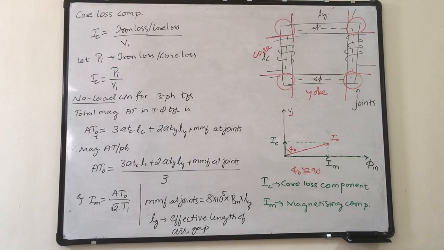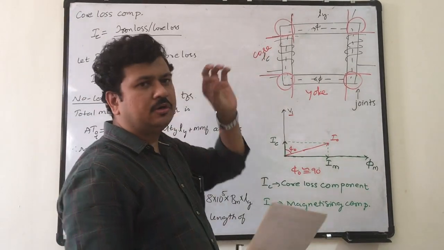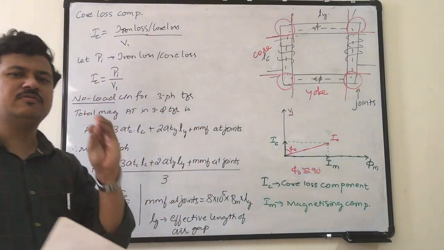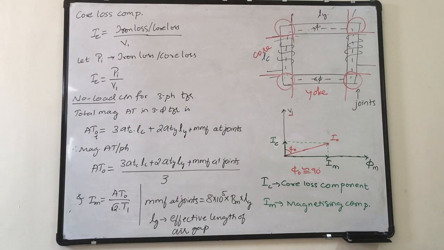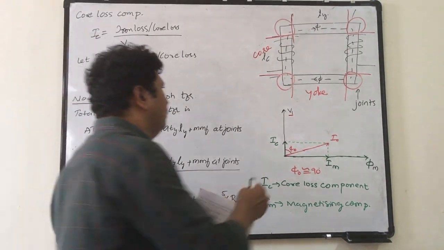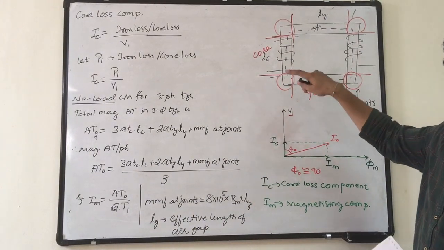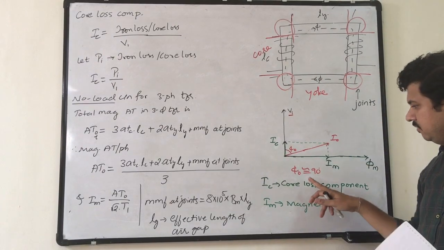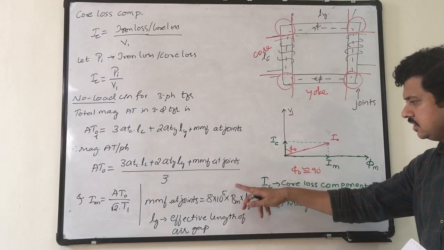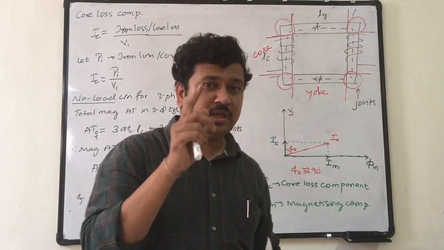The joints are considered to be effectively of a length of air gap of some value, because we know that the MMF requirement in the air gap is more than that in the core. So whenever I design a transformer, I assume for a particular joint a particular value of length of air gap, and when I substitute that length of air gap in this equation, I get the amount of MMF required to maintain the same flux.